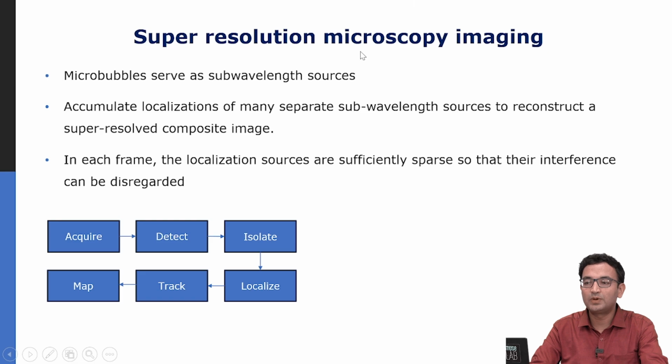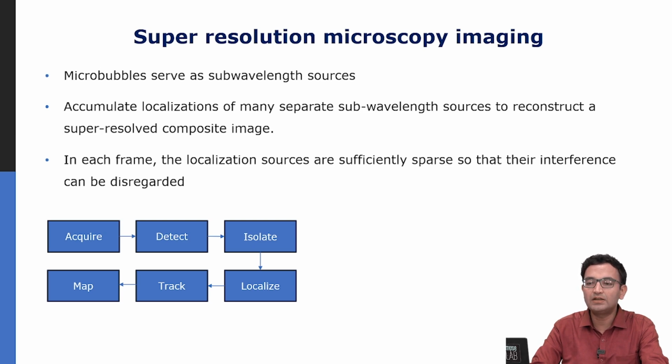Next, let's discuss super resolution microscopy imaging with ultrasound. In this technique, we exploit microbubbles as sub-wavelength sources. Now these microbubbles, as we discussed, can be about 1.5 or 2 micron in diameter, and the wavelength that is being used in clinical ultrasound can be ranging from several hundred micrometers to about a millimeter. Therefore, microbubbles are an excellent sub-wavelength source. Now, because they are sub-wavelength sources, they act like an ideal point object and they create a blurred response, which is actually the point spread function of the imaging system.